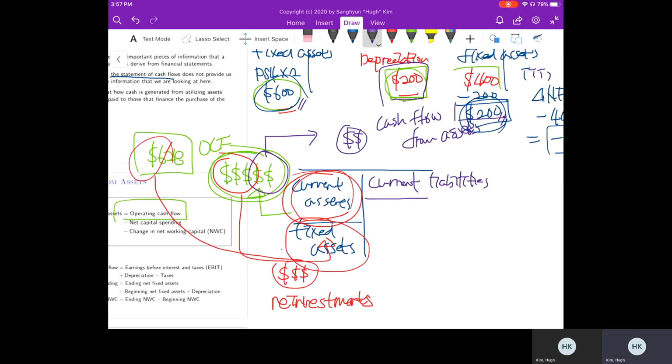So in our example, operating cash flow was $628 million, and net capital spending is $130, and investment in net working capital is $391 million.